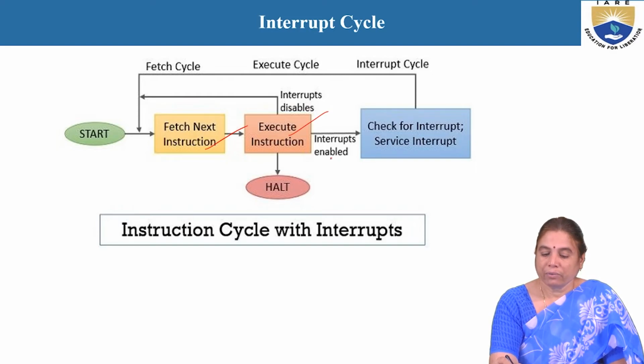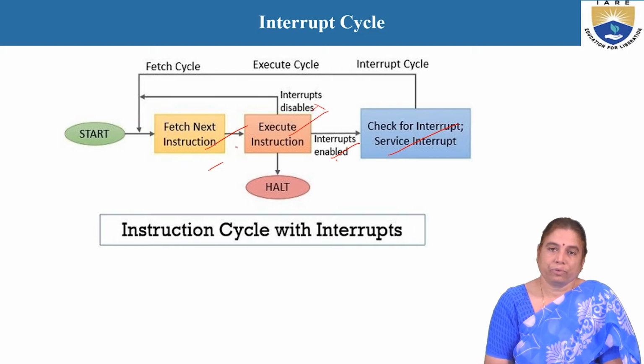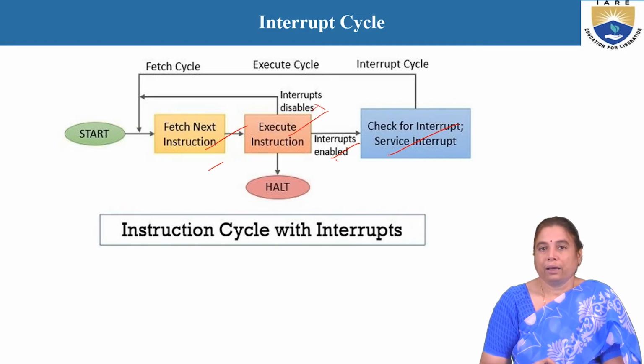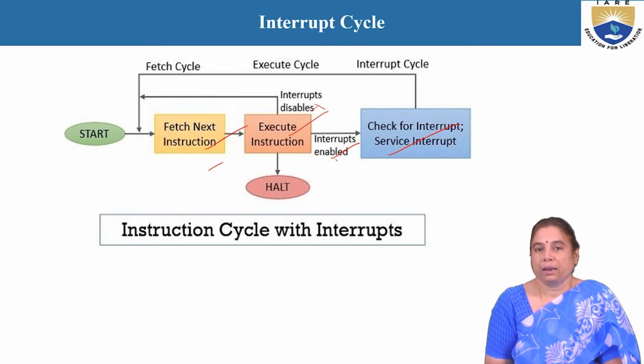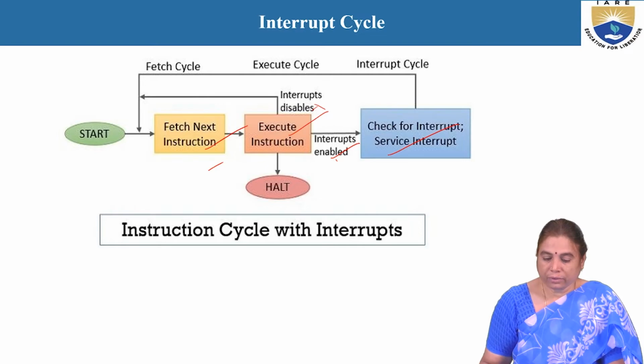Next, it checks for interrupt enable. If the interrupt is enabled, it services that interrupt and returns to the execution of the main program. If the interrupt is disabled, it fetches the next instruction and continues the execution. So at the end of each instruction cycle, the check for interrupt is done. If it is enabled, the interrupt service routine is executed.